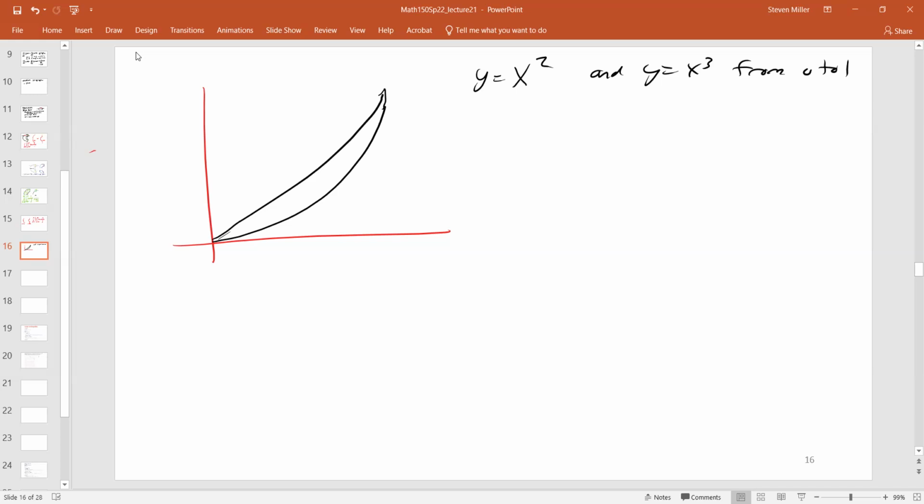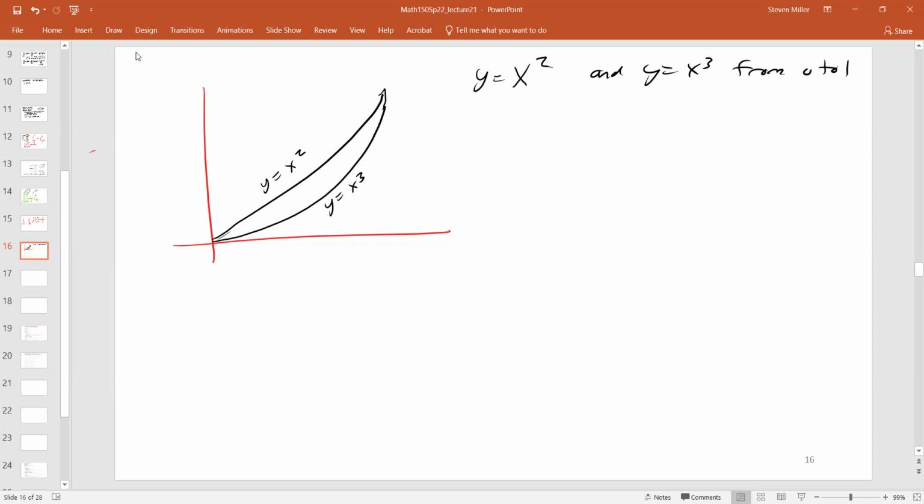Is it x squared or x cubed? Which one is larger between 0 and 1? X squared. So if you're ever not sure, just take the point 1/2. 1/2 squared is 1/4. 1/2 cubed is 1/8. Okay. So x squared is going to be the larger. So this is y equals x squared. This is y equals x cubed.